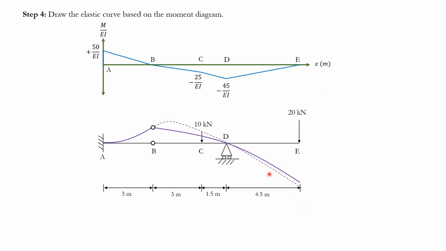So again, these are small details. It's probably not going to change the problem that much, right? And at the end of the day, even if you draw the elastic curve differently than what I've done here, when you're solving the problem and using the second theorem, you're going to see, wait a minute, there is a problem here.